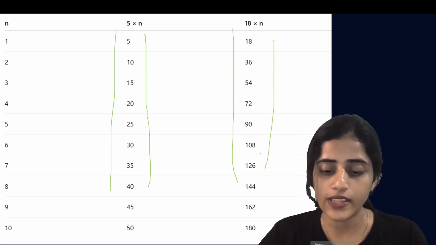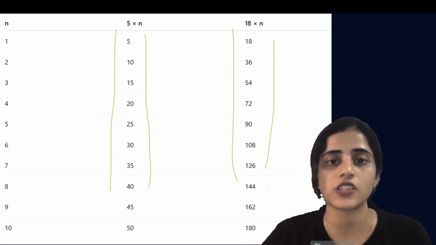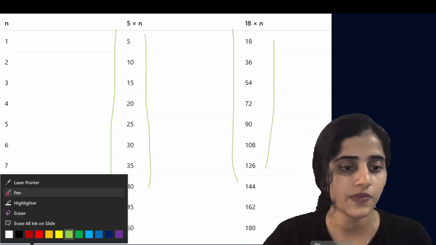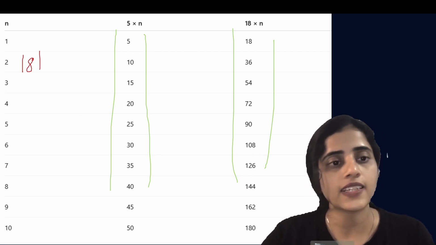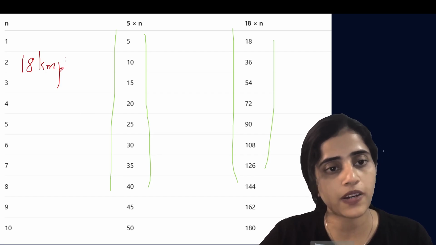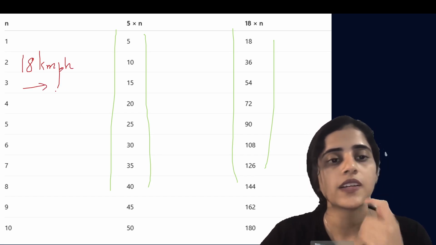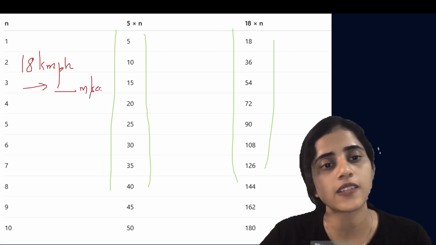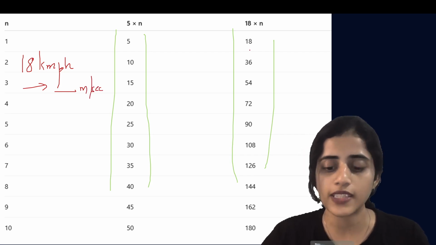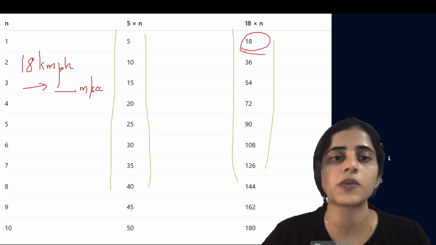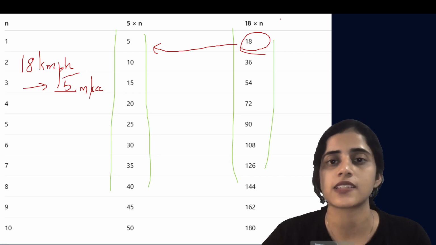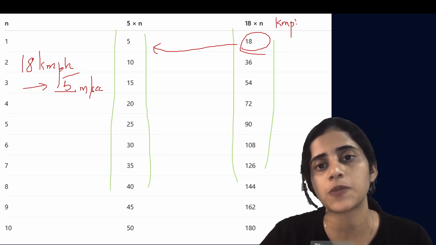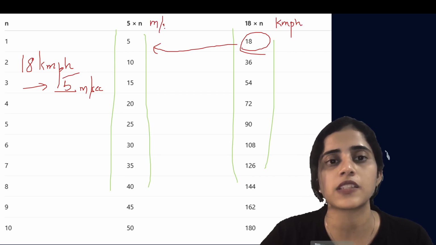Now, let's say the question is to find out 18 kilometers per hour to how many meters per second? Okay, so look, 18 kilometers per hour is 5 meters per second. So this is kilometers per hour. This is meters per second.